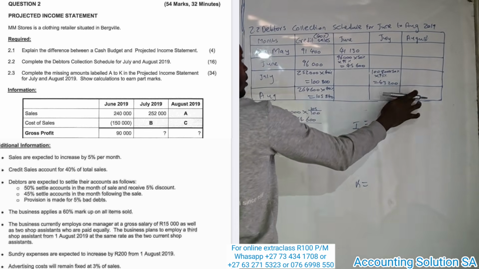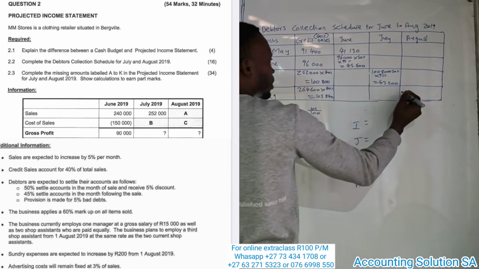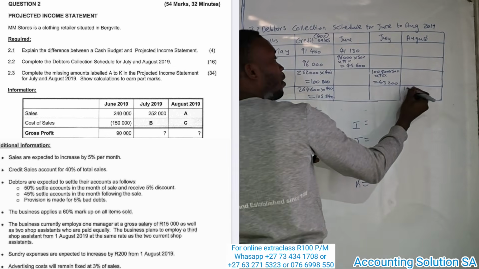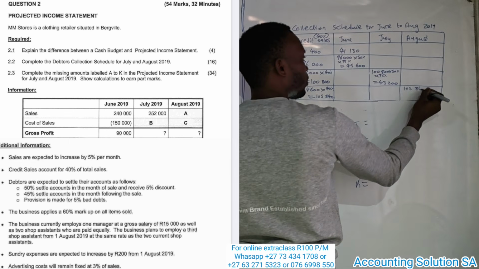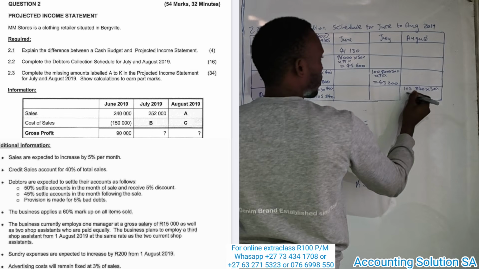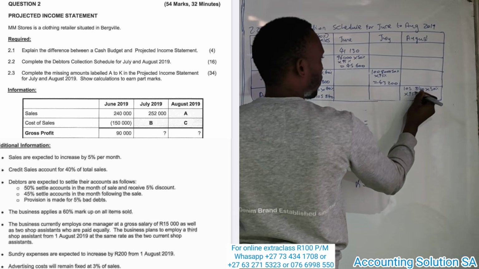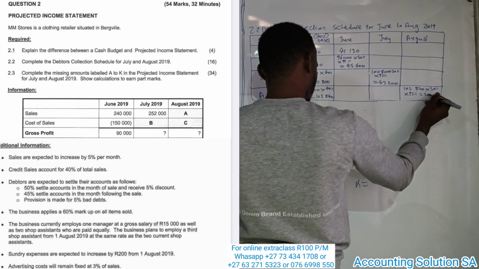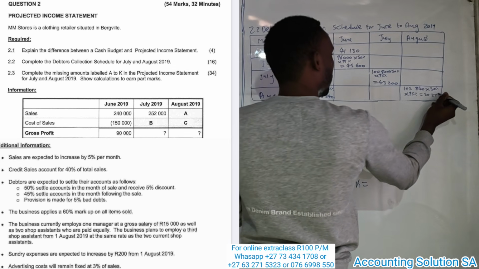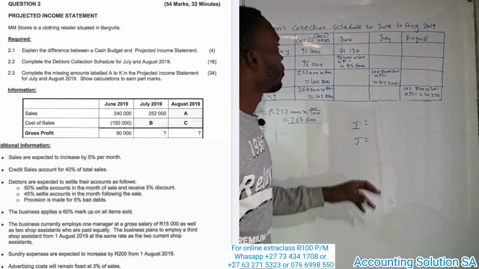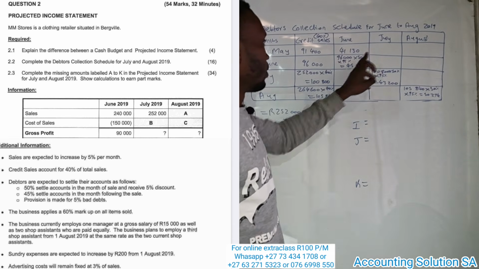Another same month is this one, August and August. It's going to be credit sales of 105,840 multiplied by 50% multiplied by 95 over 100, which is going to give us 50,274. Very simple, guys. Same month of the first percentage, you just match the months.